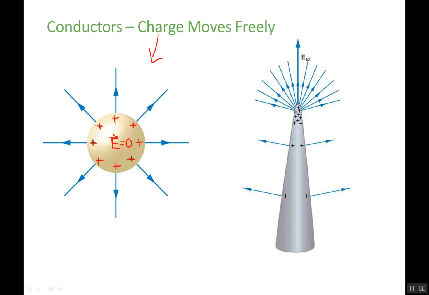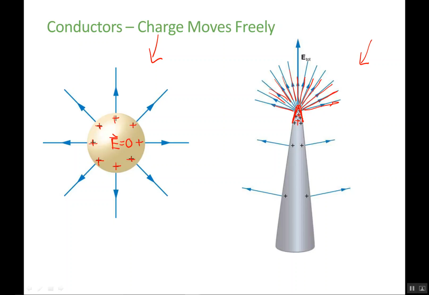Another property of conductors is that when they're not uniformly shaped, like this cone over here, the electric charge tends to concentrate at places where there are sharp angles. So if you have a conductor that comes to a point, and you charge it, a lot of the charge gets concentrated near the point, and this gives rise to very large electric fields in the vicinity of those sharp points.